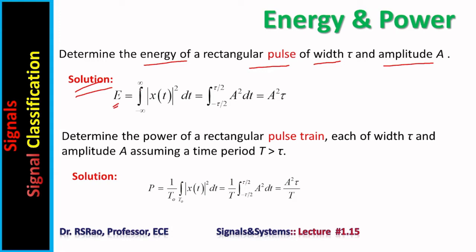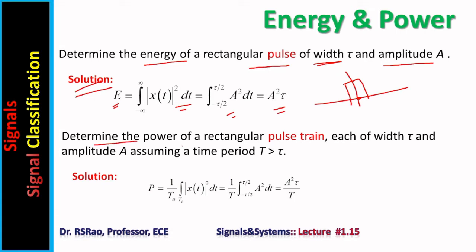E equal to integral minus infinity to plus infinity of mod x of t whole square dt. Now signal width is tau. Therefore integration is from minus tau by 2 to tau by 2 of A square dt. It becomes equal to A square tau. Here the pulse is assumed surrounding the origin.